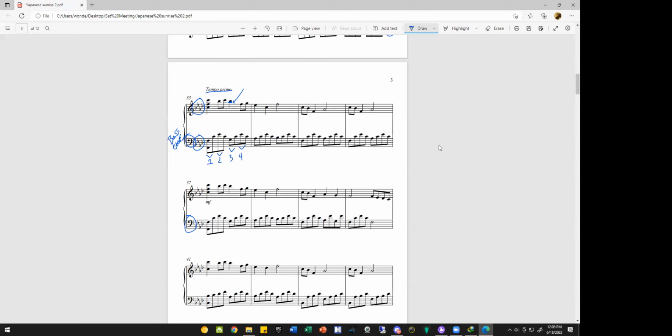Because they are no longer written inside the staff. Every time you play a note outside the staff, you have to add symbols called ledger lines. Okay, ledger lines. What is a ledger line?